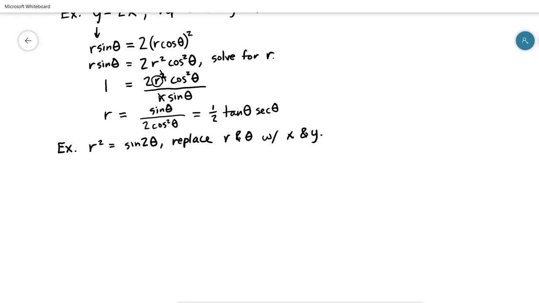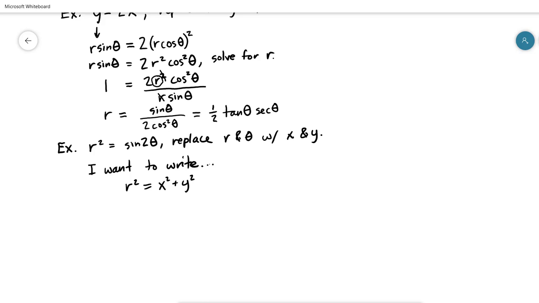Ideally, I want to write the following. I would love to deal with r squareds, because r squareds are just x squareds plus y squareds. It's that equation we had previously, but without the square root applied to it. And I would love to avoid square roots whenever possible. So I want to write this. I'm looking for r squareds, hoping r squared show up.